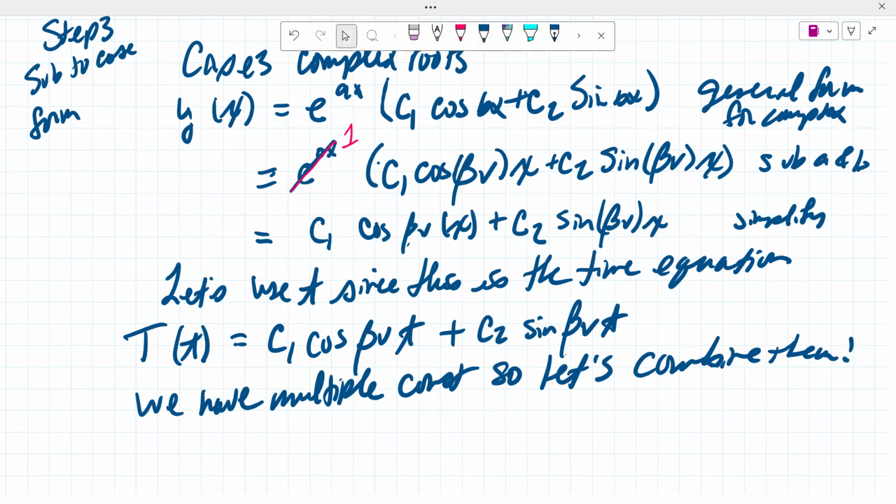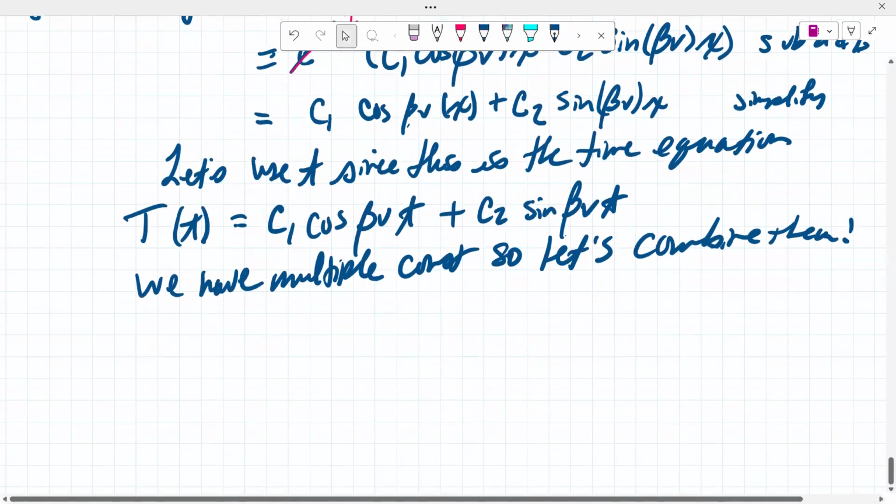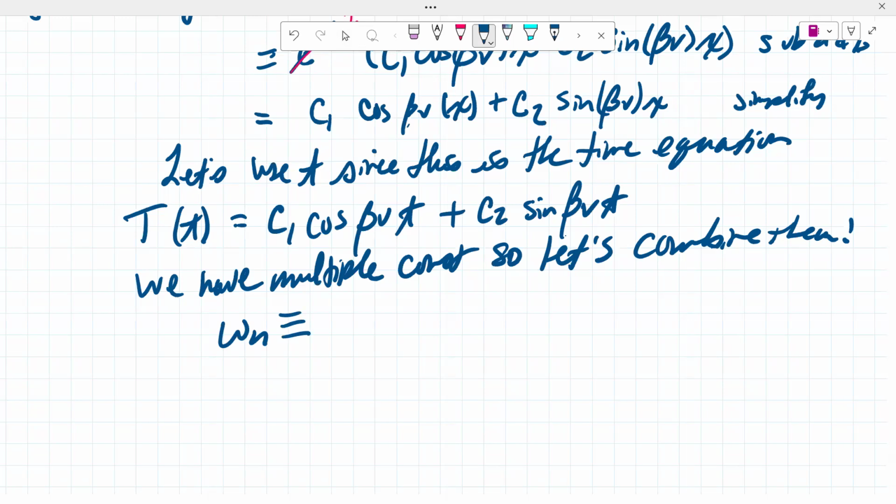Combine them. So we're going to make some substitutions. So omega n is defined to be B, and n pi v over L. Sorry, that's not clear at all.